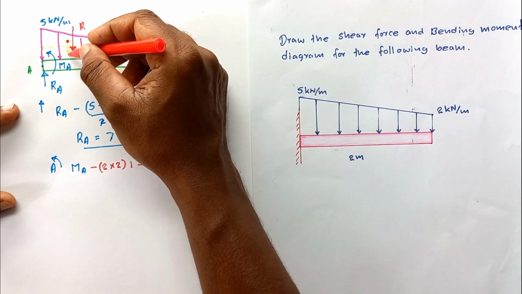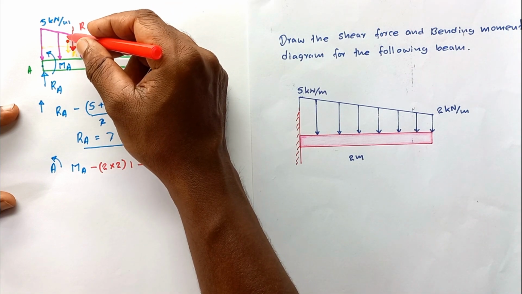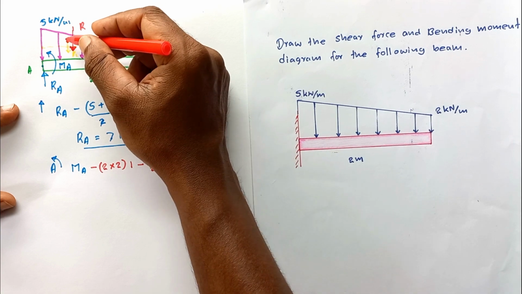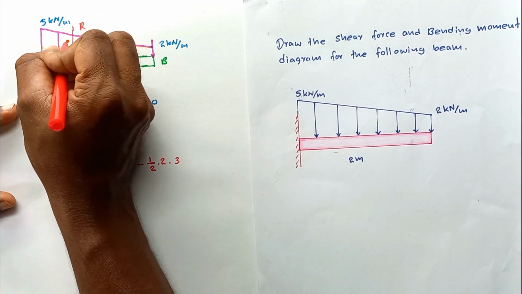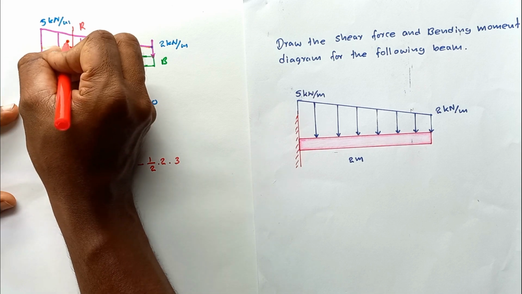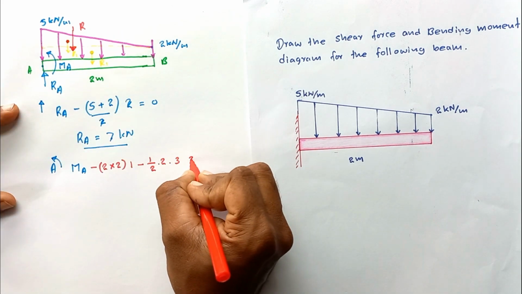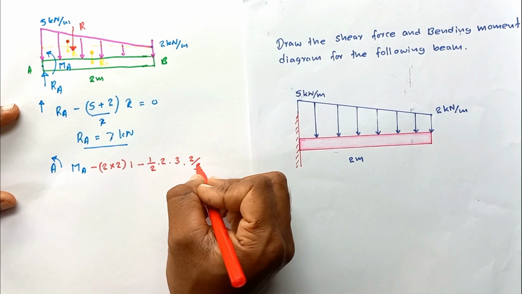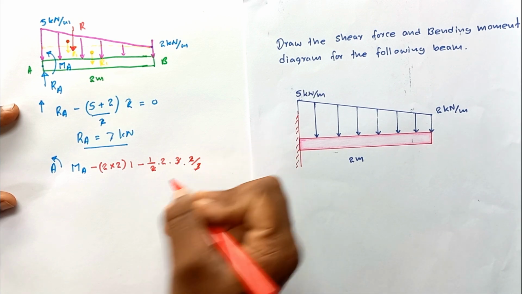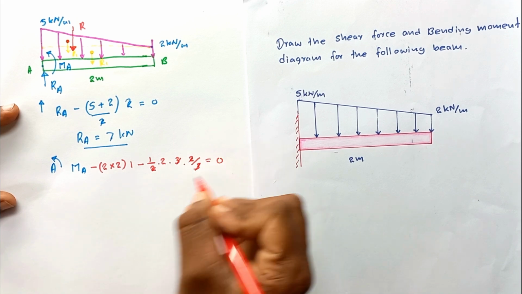Its resultant, R2, acts through the area centroid of this triangle. So the distance from A is equal to 2 divided by 3 of the length. Then we can simplify this equation, which is equal to 0.